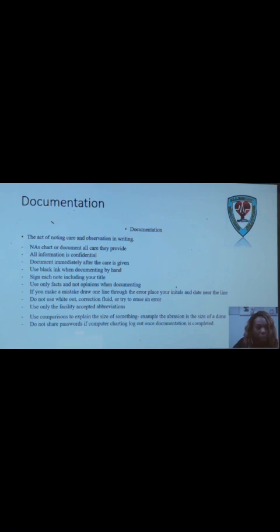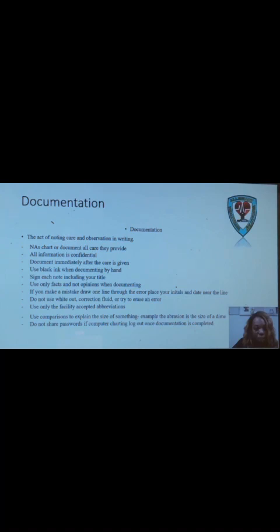If you make a mistake, you draw one line through the error and place your initials and date near the line. You do not ever use whiteout correction fluid or try to erase an error. You simply draw a line through that error, date, and initial. Use only the facility approved abbreviations. Use comparison to explain the size of things.